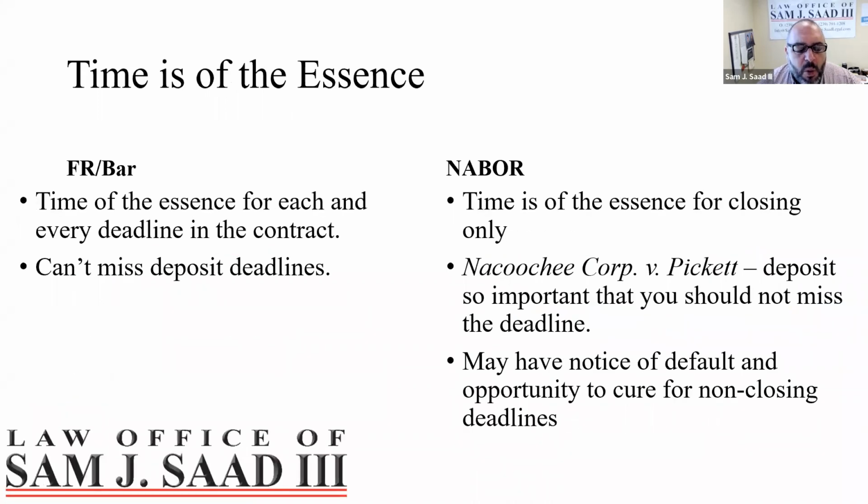So probably one of the most important differences between the two contracts is time being of the essence for every deadline under FAR-BAR. You can't miss your deposits. You can't miss your inspections. You definitely can't miss your closing or your finance dates.